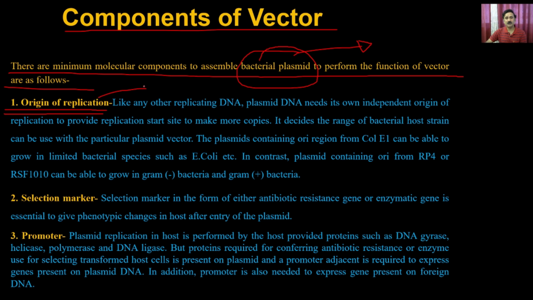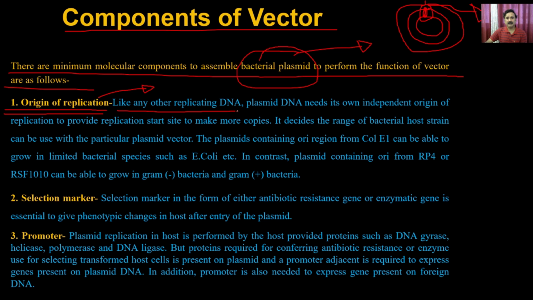What is meant by origin of replication is that in a bacterial plasmid or the bacterial chromosome, replication starts from one place, continues, and goes to completion. This place from where the replication starts is called the origin of replication, or the ORI.